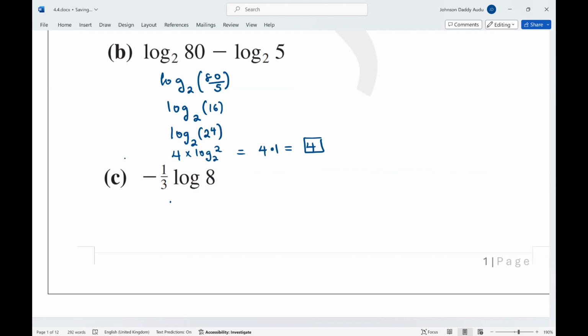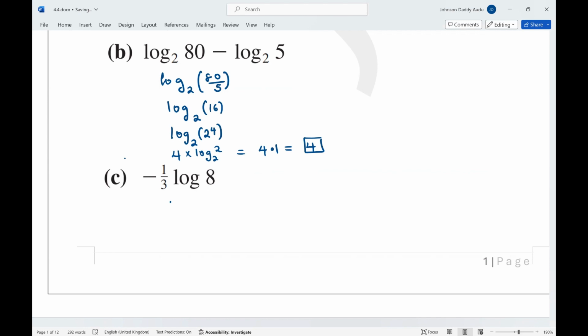So here you can see now, in this case, there is no base, right? Since there is no base, we know that we are dealing with log to base 10, right? Yes. So it is log to base 10.